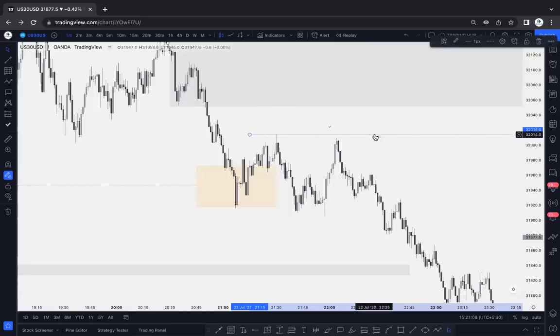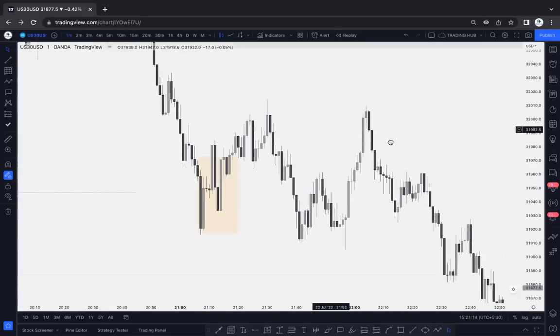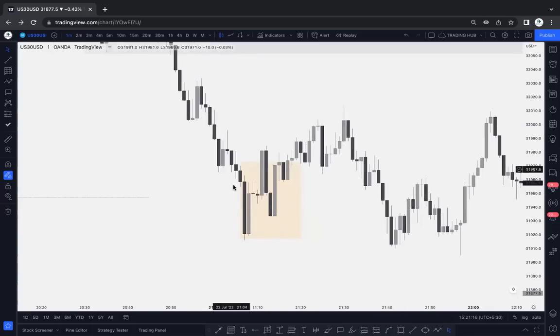Look here, let me show you exactly what happened. You can see this is a structure. This liquidity has been taken out, the previous candles, sorry, the inducement taken out. And after taking out the inducement, we are anticipating a buy.